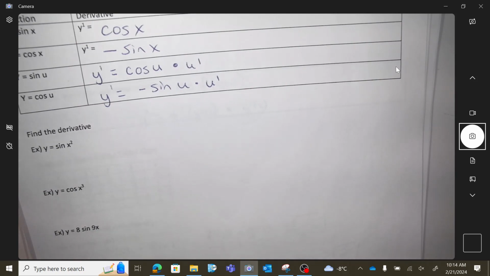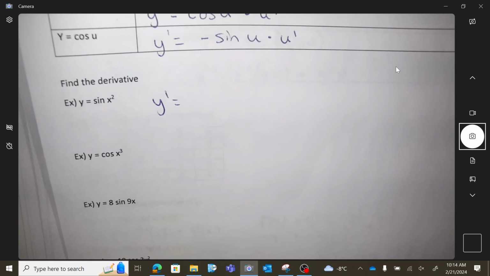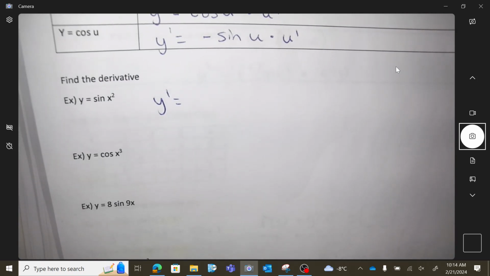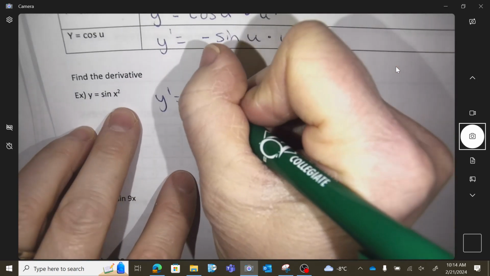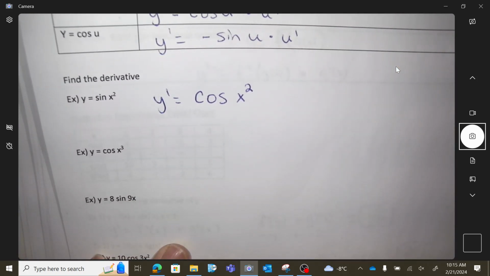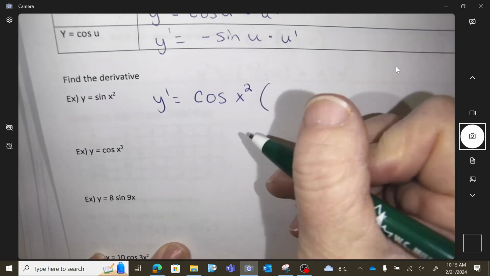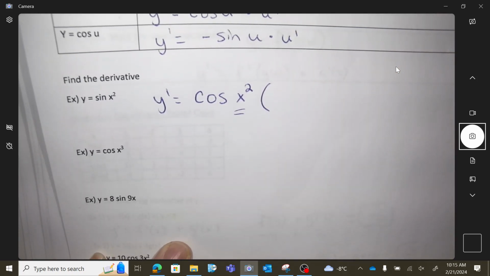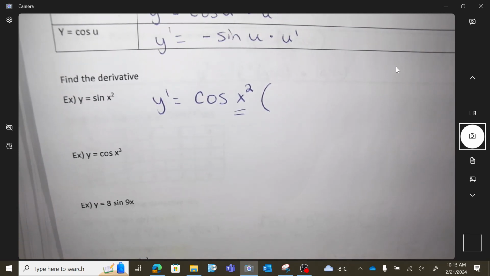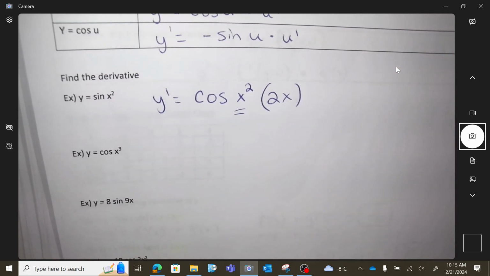Okay, so here we go. Y prime equals. So what's the derivative with sine? Cos times, attach the derivative of just this part, 2x.